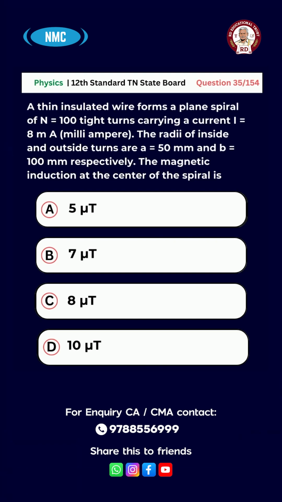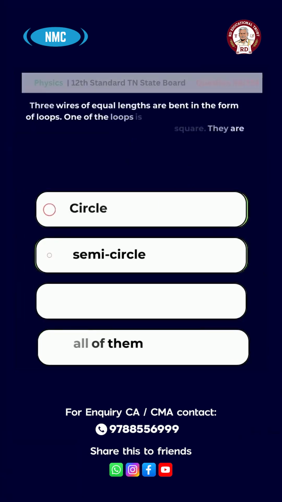The magnetic induction at the center of the spiral is option A, 5 mu T, B, 7 mu T, C, 8 mu T, D, 10 mu T. The right answer is option B, 7 mu T.